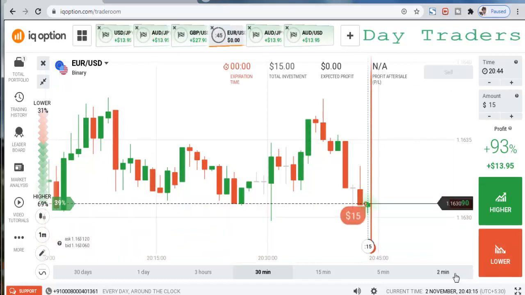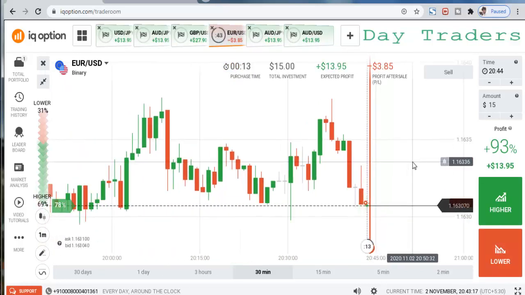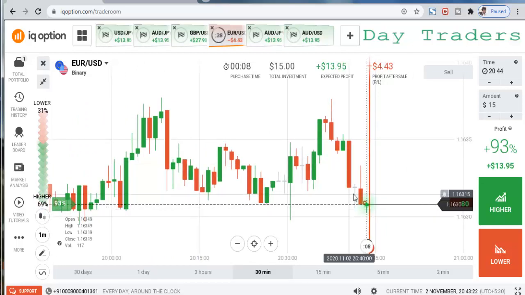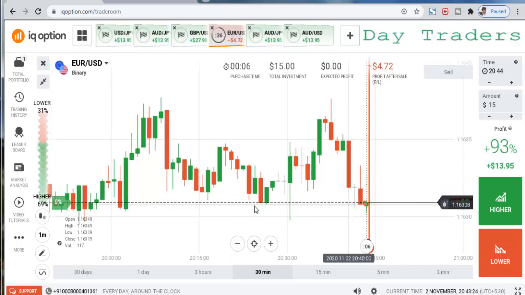Okay, place a lower option, and this is a buyer's area. Okay, single candle enter this market.